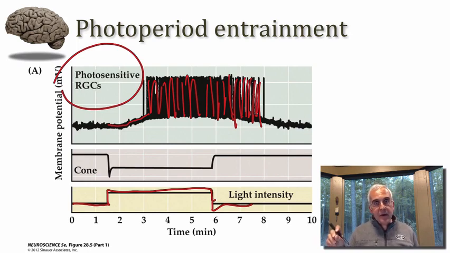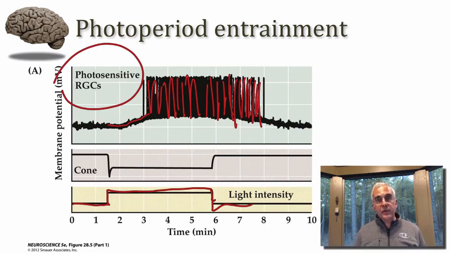Also, we know that if we take away these cells, if we ablate them from the brain of an animal, then the circadian rhythms break down. And we even know that if we put the suprachiasmatic nucleus neurons of one animal into an animal whose suprachiasmatic nucleus has been destroyed, then circadian rhythms can be restored in the recipient animal from this donor.